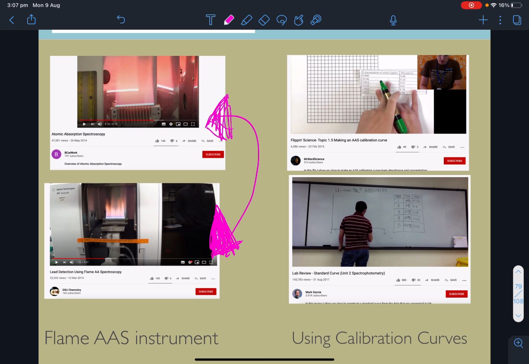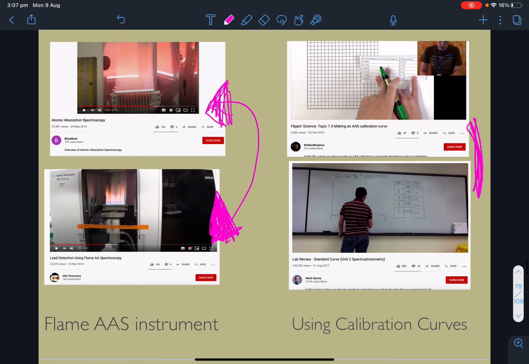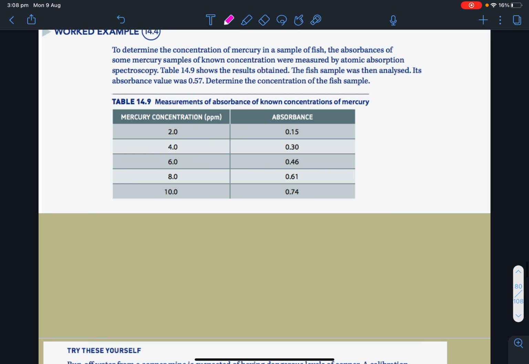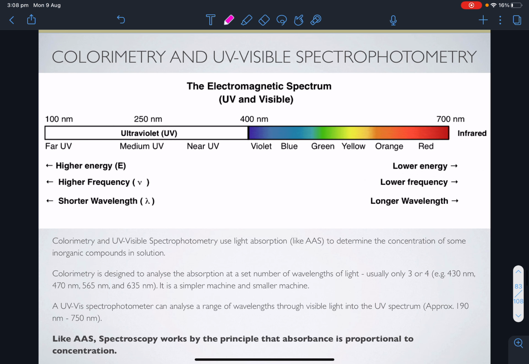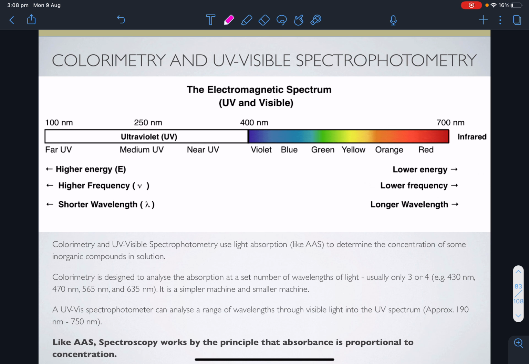And here are 2 people working through calibration curves as well, helping you out there. Have a look at those videos. They're very good. There's an example from the textbook too, and then we'll talk about colorimetry and UV vis next.